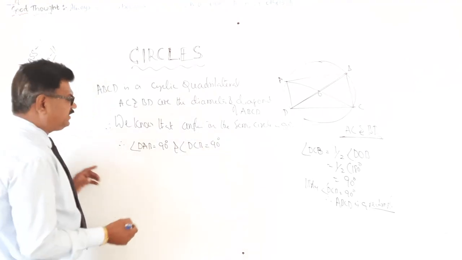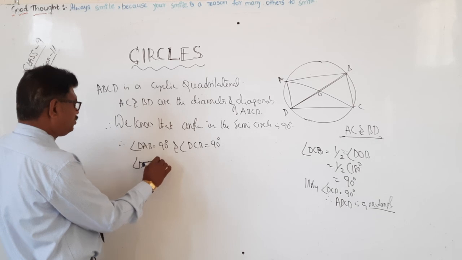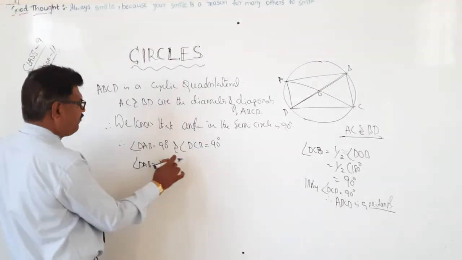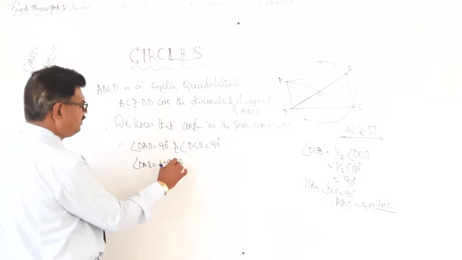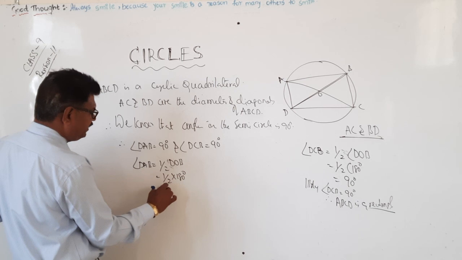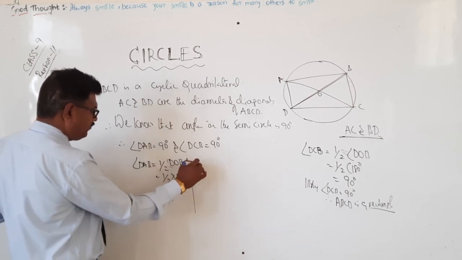If you want proof, I can say DAB is equal to half of DOB, which is half into 180, therefore 90 degrees.